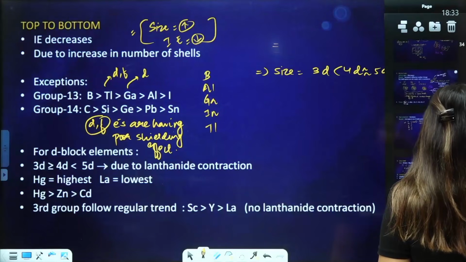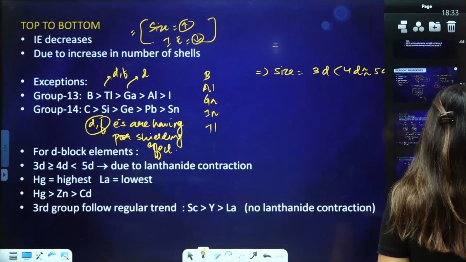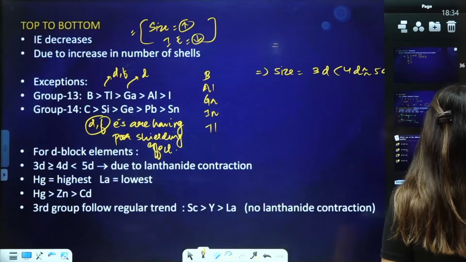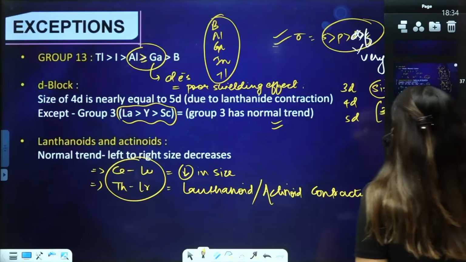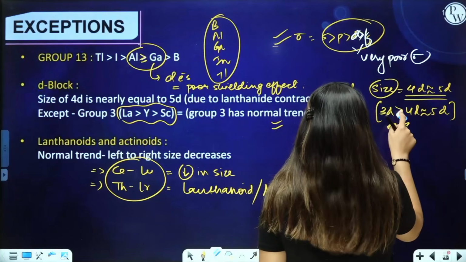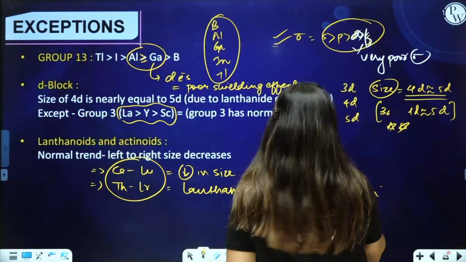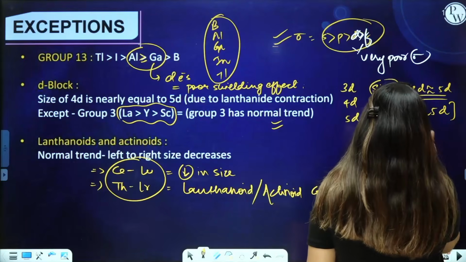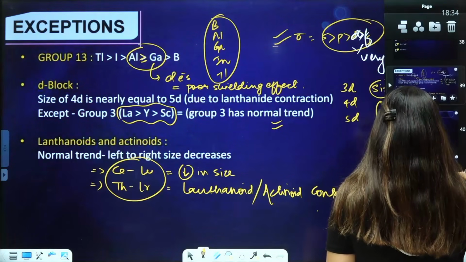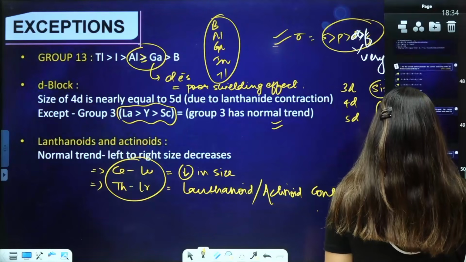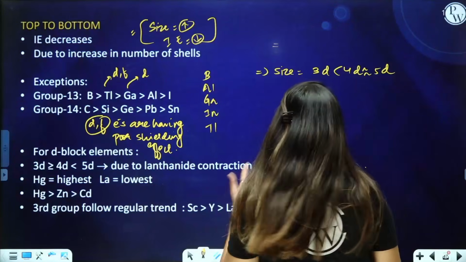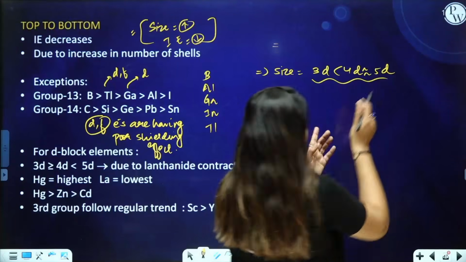Just a second. I think, see, I have written this only over here. That's why it clicked in my mind that 4D and 5D will be almost equal. Obviously it will be greater, but 3D will be less. So we have written over here the order of the size will be like this.